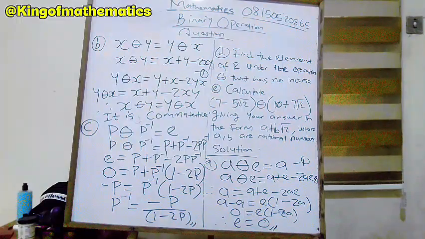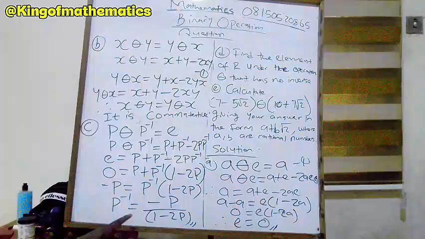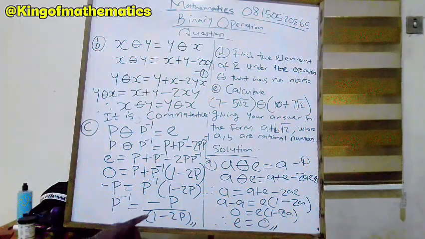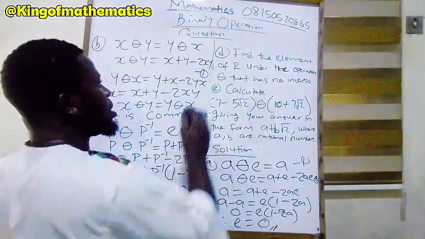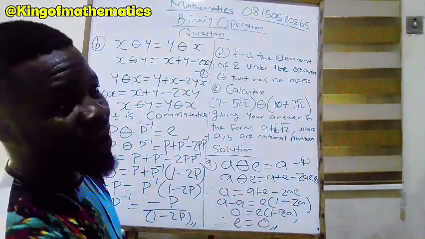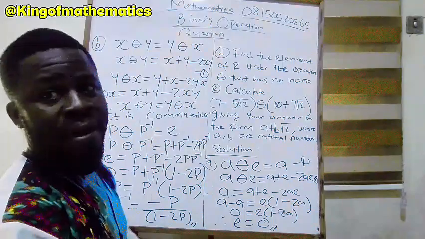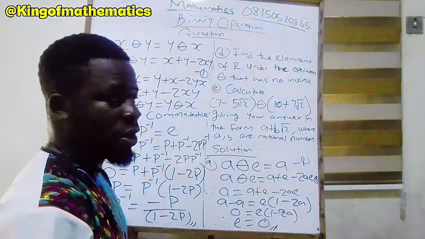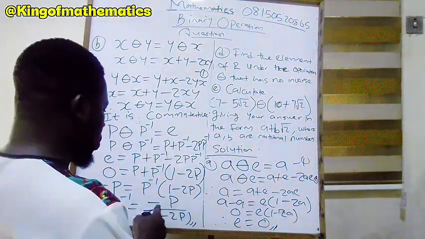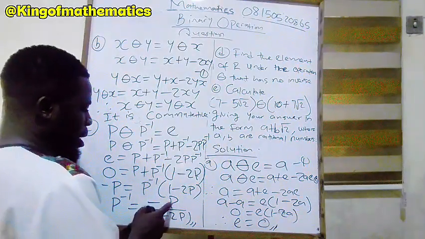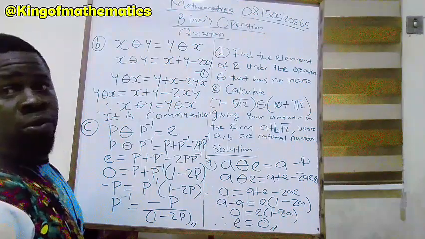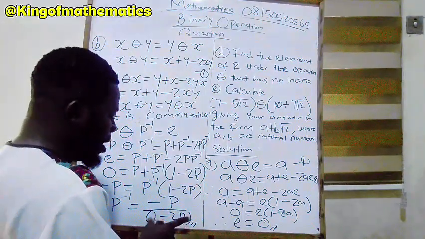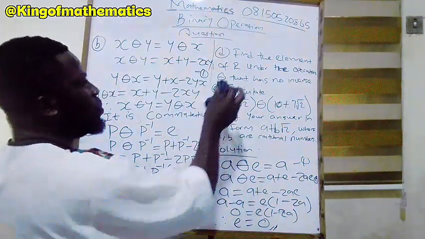But in mathematics, for it to have no inverse is for it to be undefined. That is, the denominator must be equal to 0. Anytime you want to have an undefined, that's when you are dividing any number by 0. Like 3 divided by 0 will give you undefined. 4 divided by 0 is undefined. So that means we equate the denominator of our inverse to 0.